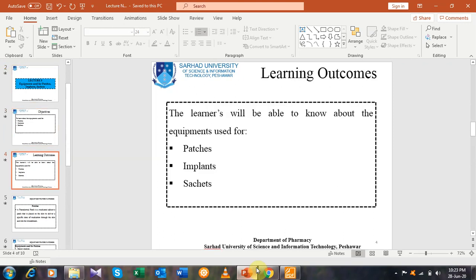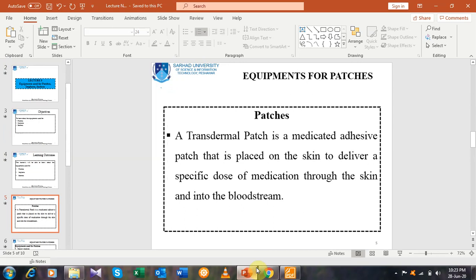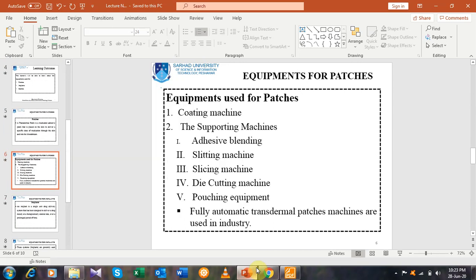In the second part of this lecture, I have told you about the patches and the different equipment used for patches, including a coating machine and the supporting machines, and the varieties of supporting machines that are there for patch manufacturing in the industry.